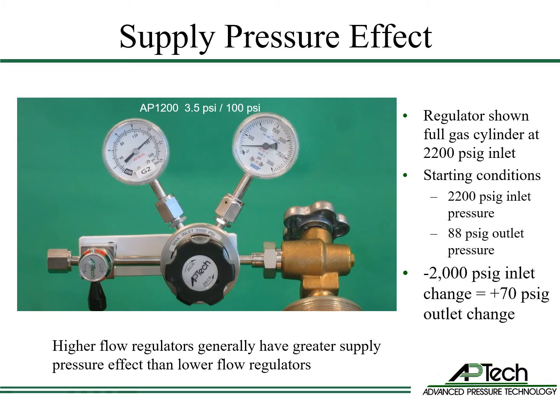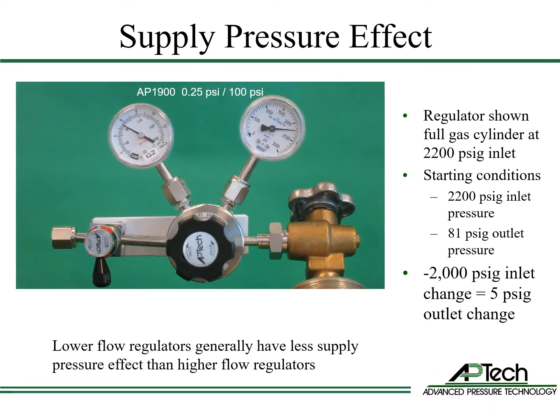The 2,000 psi drop in inlet pressure causes a 70 psi increase in outlet pressure. The AP1200 supply pressure effect is 3.5 psi per 100 psi change in inlet pressure. Higher flow regulators generally have greater supply pressure effect than lower flow regulators.